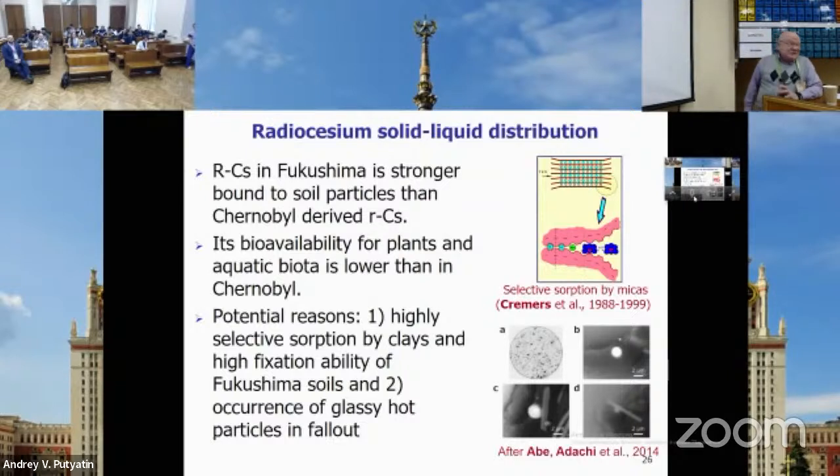But cesium has very low hydration energy, and it can lose these water molecules and penetrate to this site and be sorbed. Moreover, the steric characteristics of cesium cations are such that cesium fits very well with the size of these sites.